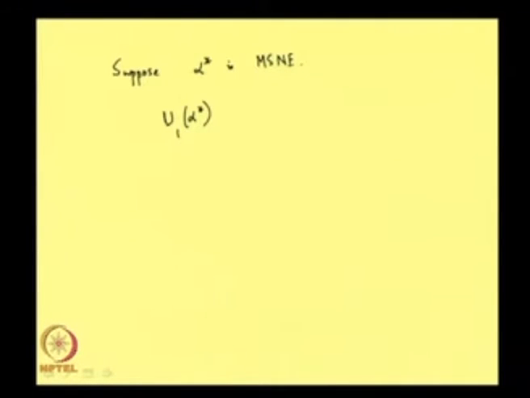Now, we know that the characterizing feature of a mixed strategy Nash equilibrium is that if player 1 deviates from his action, which is alpha 1 here, let us call it i to take a more general case.